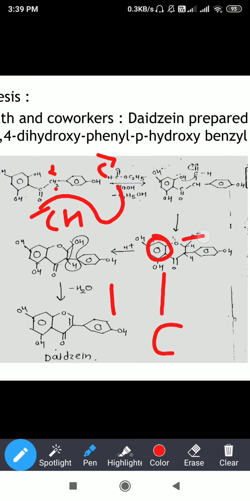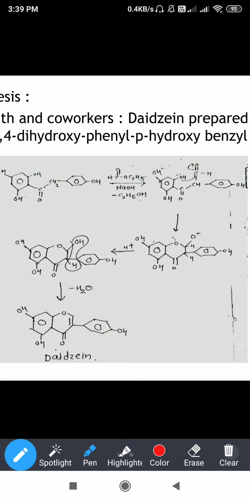Now this carbanion nucleophile will attack the carbonyl carbon and the pi bond opens onto the oxygen. Now this oxygen becomes negative. Here the negative charge shifts to this carbon and the old bond breaks, meaning the OC2H5 bond breaks, which means removal of C2H5OH takes place and we get this product.